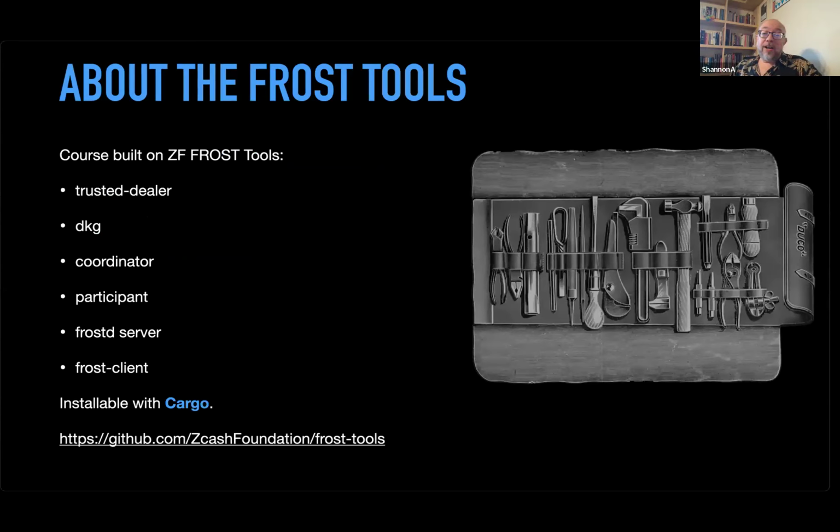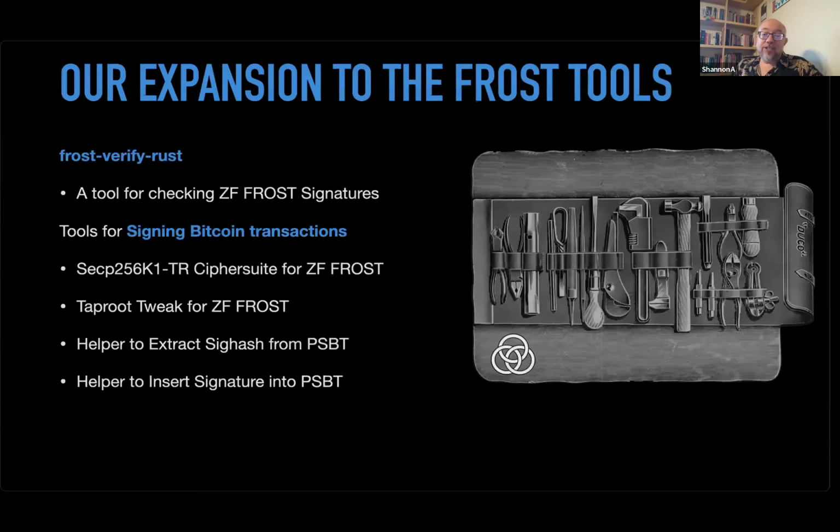They have a repo on GitHub called Frost Tools, and it contains tools for trusted dealer generation and distributed key generation. It's got two different types of clients and servers, one of which is used for distributed key generation, and each of them can be used for signing in different ways. So there are a lot of tools and a lot of ways that you can really check out how Frost works and see all of the particulars.